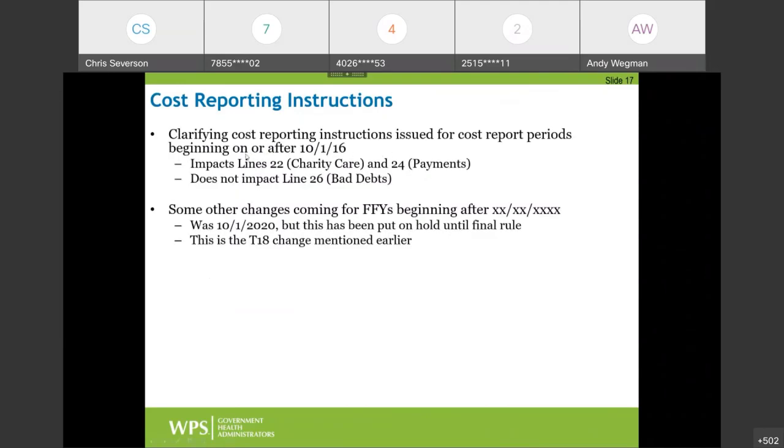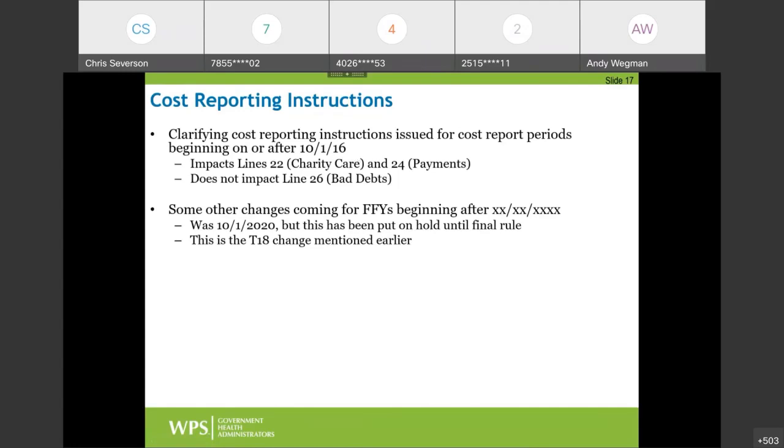As I said, we're in the second set of cost reporting instructions for S-10. We've been there for a few years. These are the ones that are effective for cost report periods beginning on or after 10/1/16. I'm not going to spend nearly as much time as I have in the past talking about the old instructions because we're far enough removed from them.